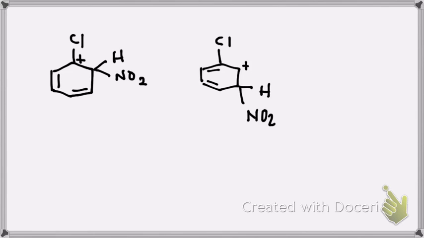Okay, so a couple of things. This positive charge that you see here can jump around to positions, right? From here to here to here. Do you guys see that? Just by resonance, I can get the positive charge here and here.